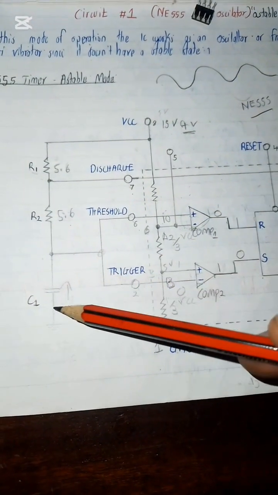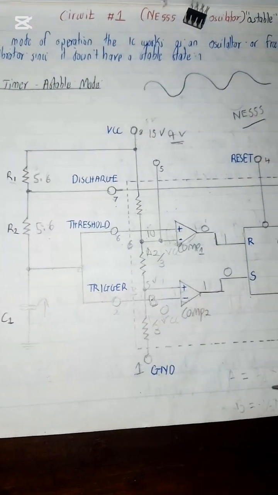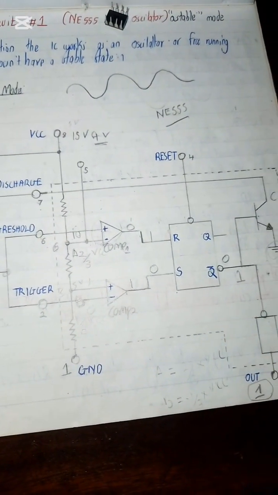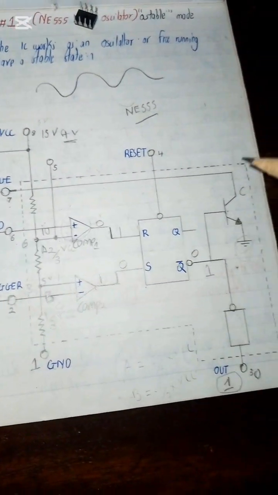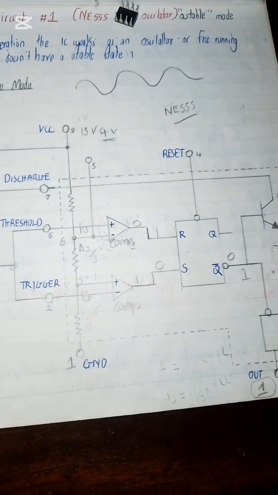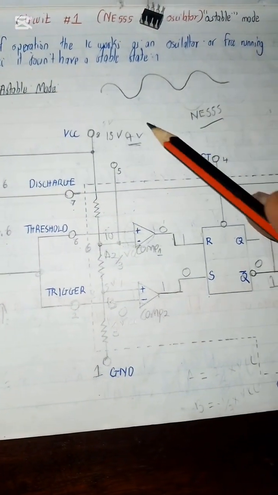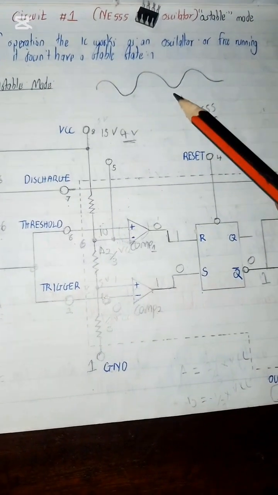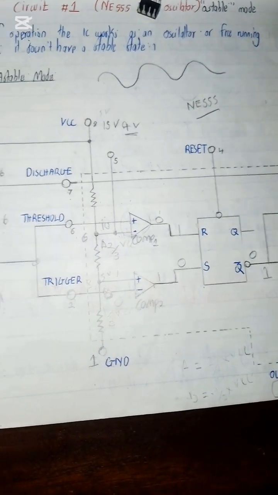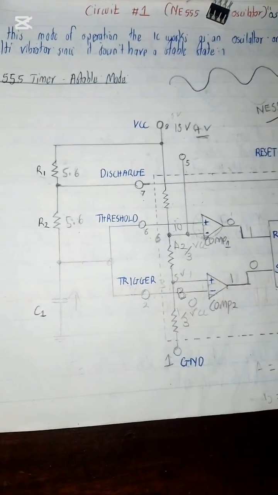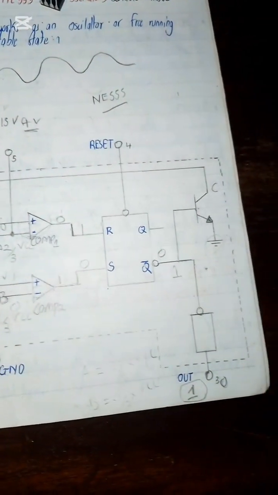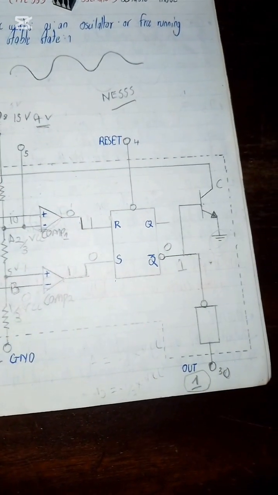So the capacitor just basically charges and discharges, one cycle at a time, and that's how we get the oscillatory signal. The circuit doesn't have any stable state. It will keep on charging and discharging, charging and discharging, until you stop the circuit.